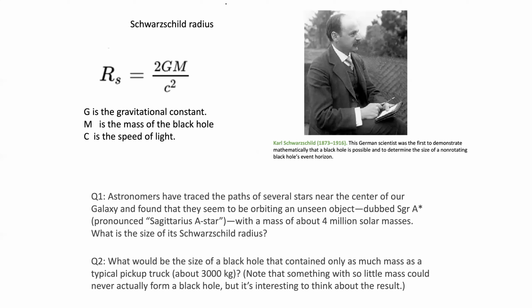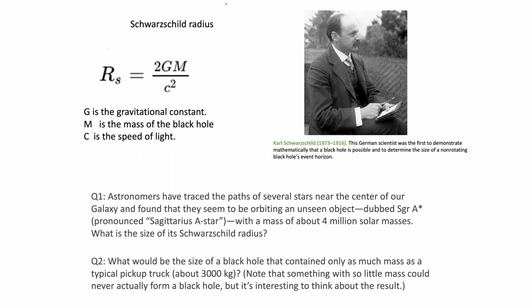You know how to calculate the escape velocity for Earth: you compare the kinetic energy with the potential energy. In the same way you can calculate the Schwarzschild radius, assuming that the escape velocity is the speed of light. Write the two equations and you can easily obtain this equation.